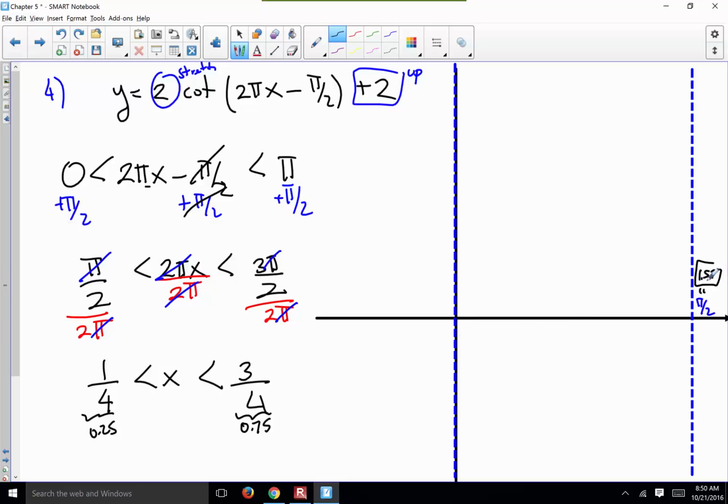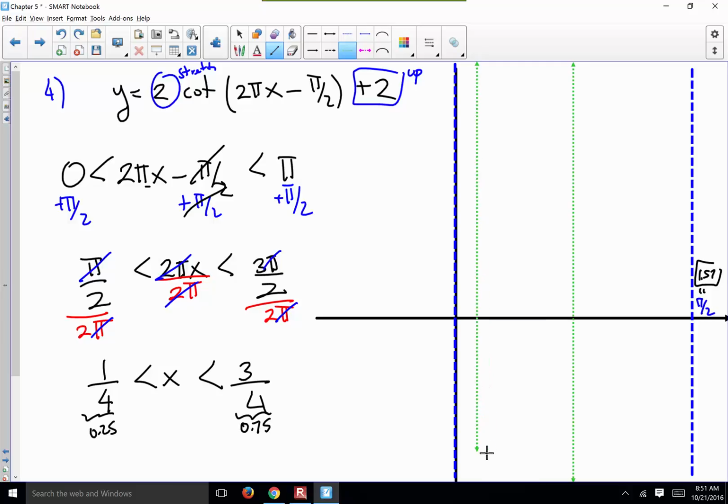So I will go half the distance now. This is where the right end goes. About the left end, 0.25 is about 1/3 of this distance, so I will go a little bit to the right.